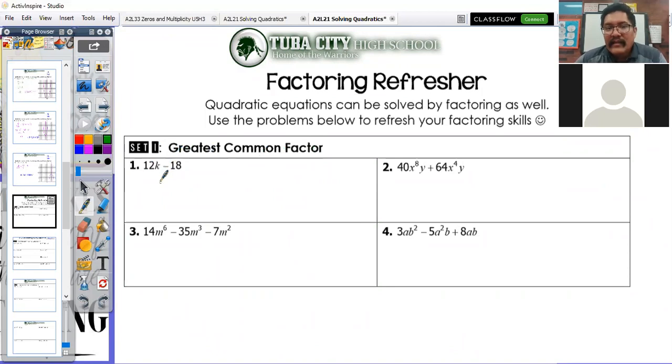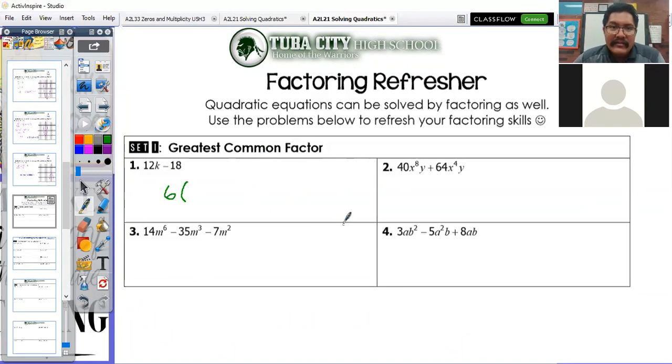You might say something like 2. If I did that, this would be 6, and this would be 9. 18 divided by 2 would be 9. And 6 and 9 can be divided by 3 as well, so that means you do not have the greatest common factor. So the greatest common factor in this case is 6.